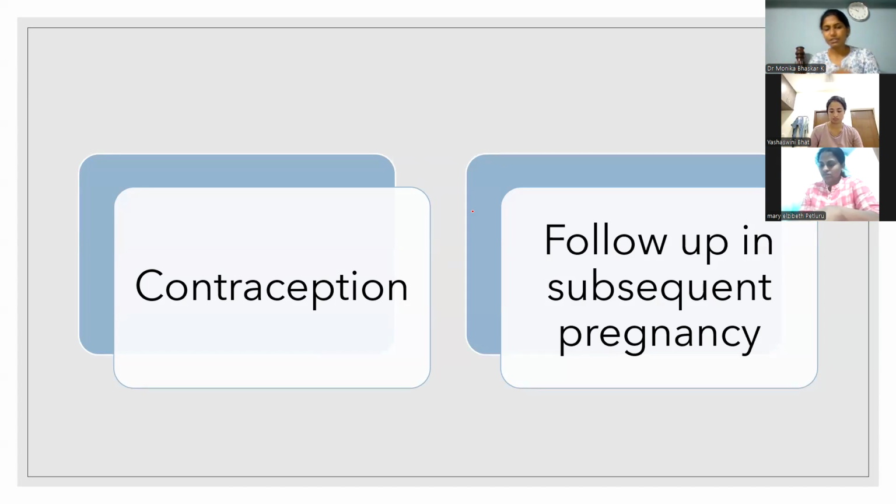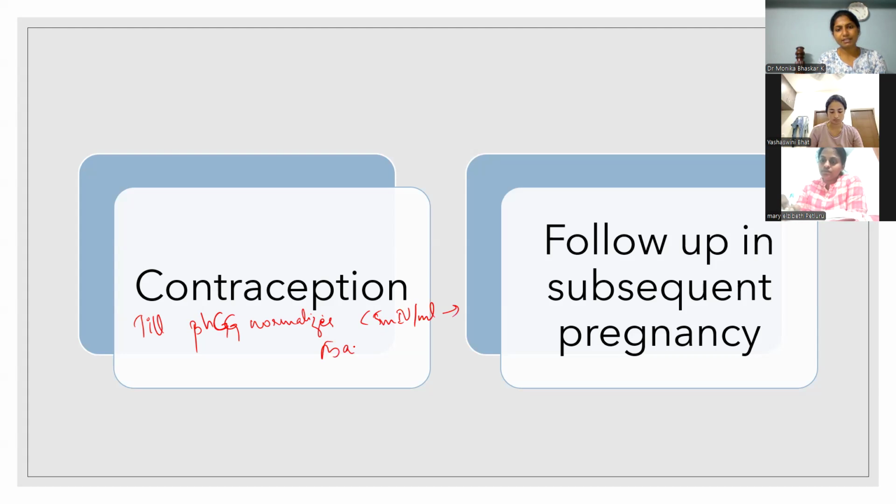So what contraception will you advise? Till the beta HCG normalizes, that is less than 5 milli international units per ml, she has to use a barrier method like condom or diaphragm.